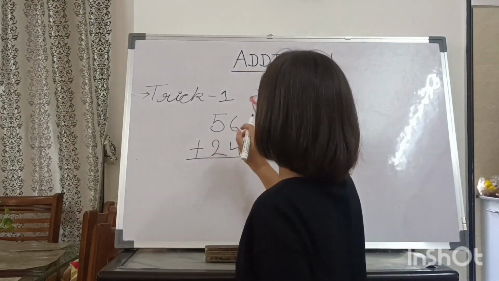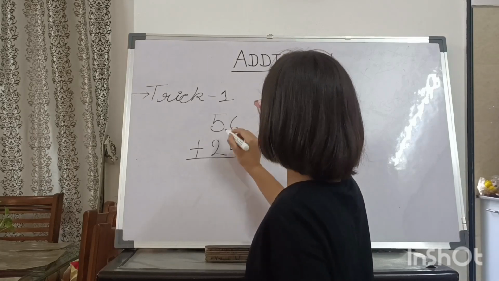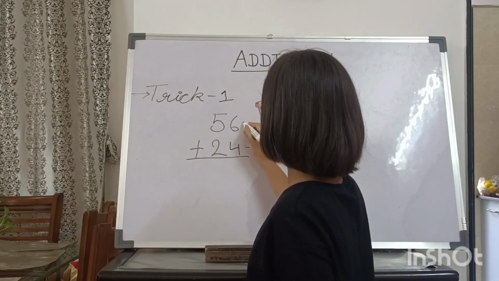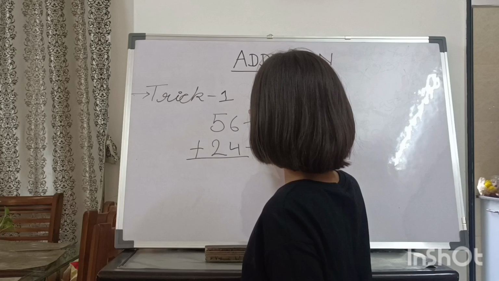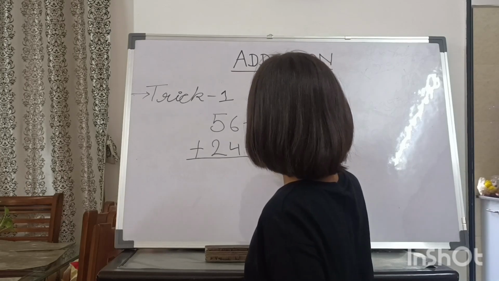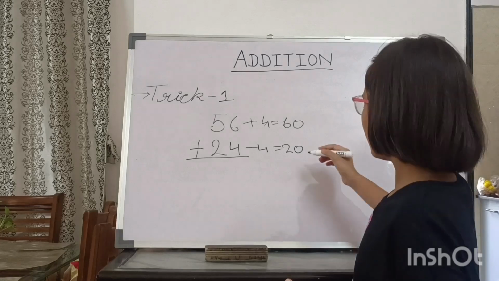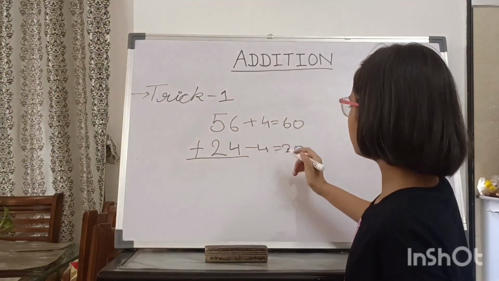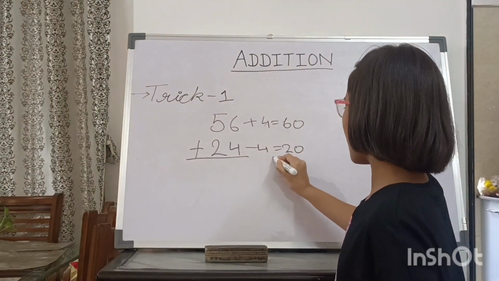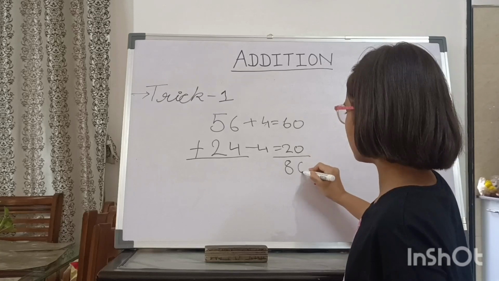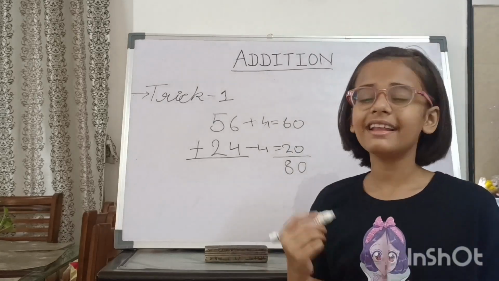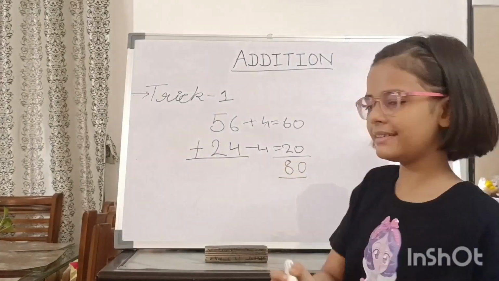And adding that 4 to 6, it is going to be 10. And when we add 10 and 20, it is 30.